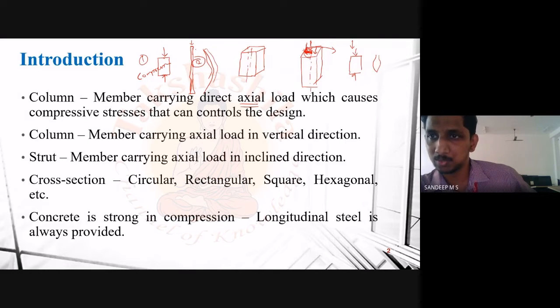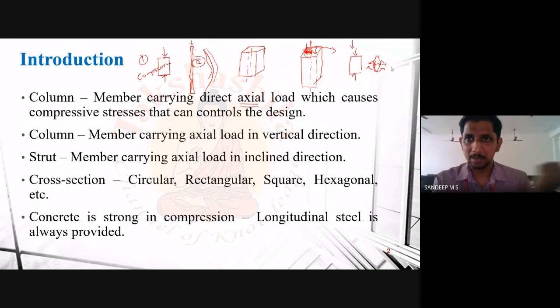So in this case also, what will happen? There can be tensile stresses generated in this direction. So when we have this effect, okay, there can be tensile forces that generate in the perpendicular direction. So likewise, we may have some tensile stresses in the case of a column.